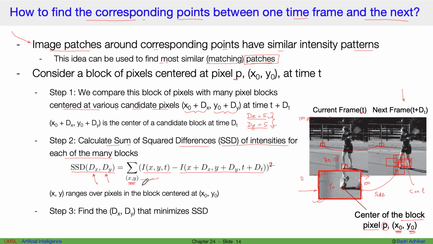This gives me how similar or how different the block we picked in the second time frame is to our input pixel block.